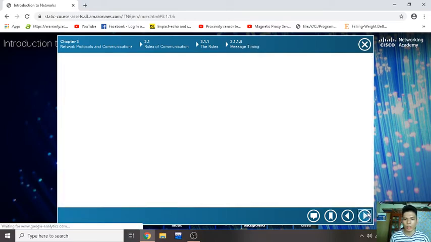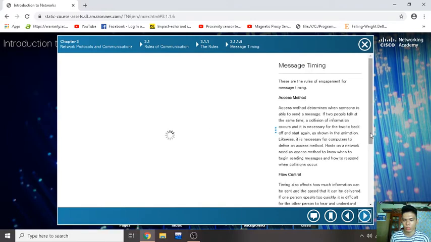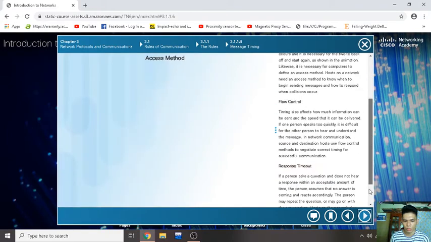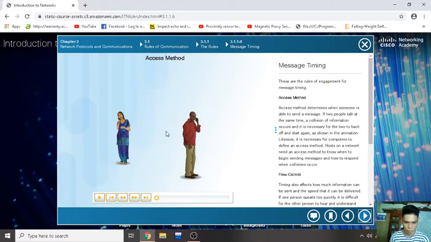And next is message timing. This is an example of message timing.